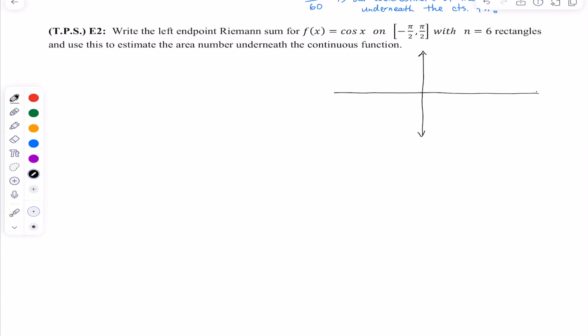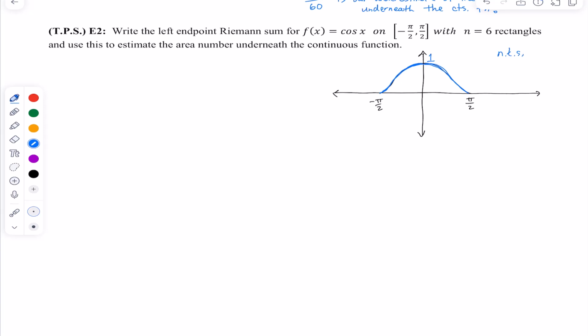But this rough sketch does need a little bit of accuracy here. I'm going to use NTS for not to scale.